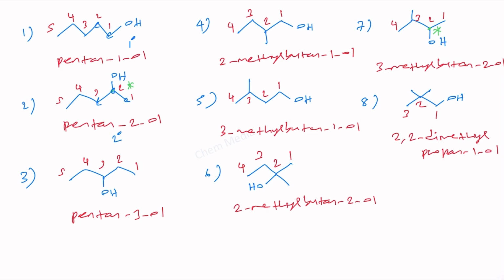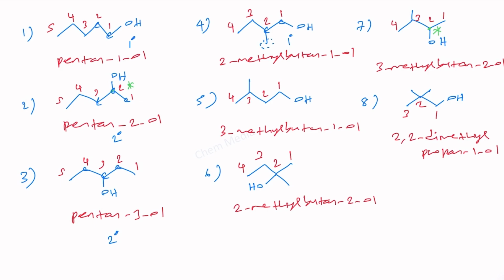Likewise, the same is true for pentane 3-ol. This is also a secondary alcohol. 2-methyl butane 1-ol, this is once again a primary alcohol because the carbon atom bearing the OH is directly connected to only one carbon. We should not worry about this carbon atom.